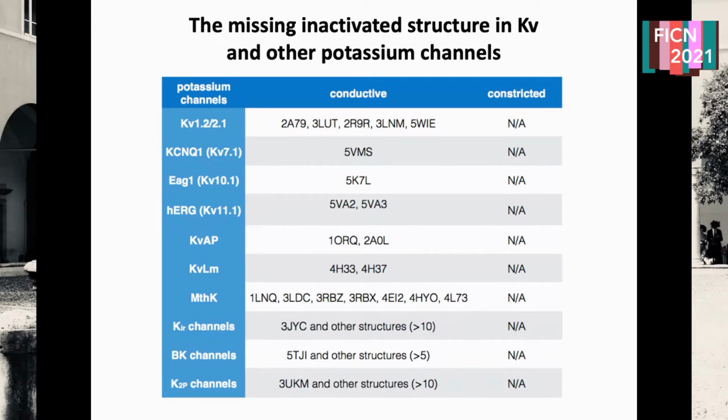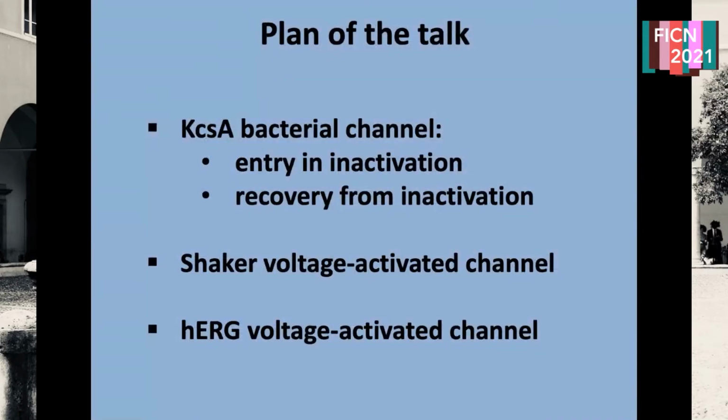And so that certainly contributes to our confusion. So this is the plan of the talk a little bit: so far we mostly have direct information about this constricted conformation that would be putatively non-conductive for the KcsA channel. And I'm going to document that more.